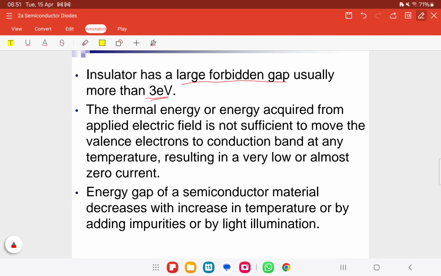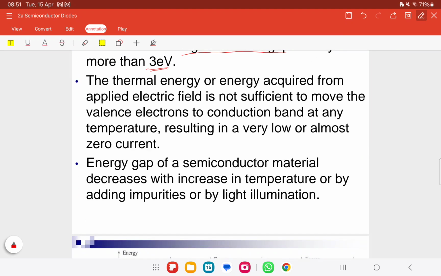For semiconductor materials, as temperature increases, the EG decreases, meaning the EV and EC become closer, so that the EG decreases and then the electrons can jump. Okay, that is one process, by increasing the temperature.